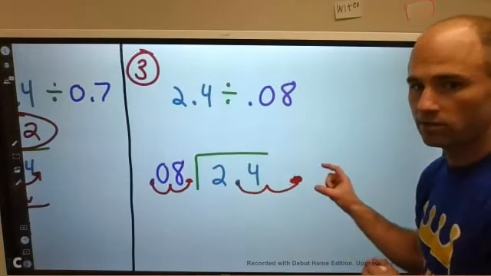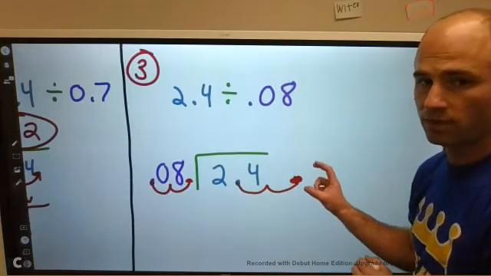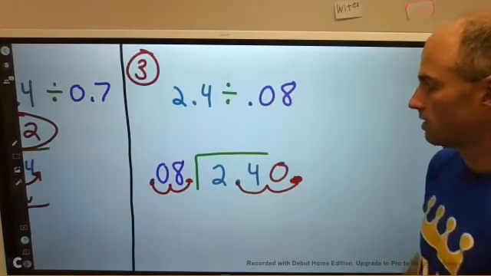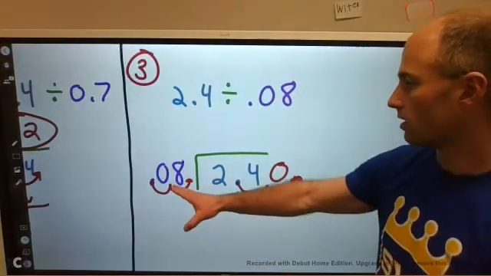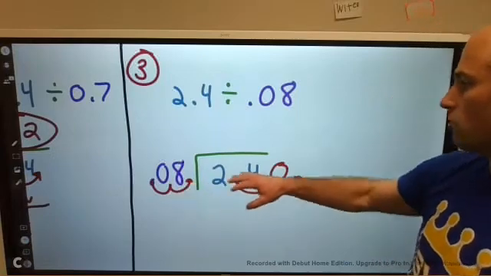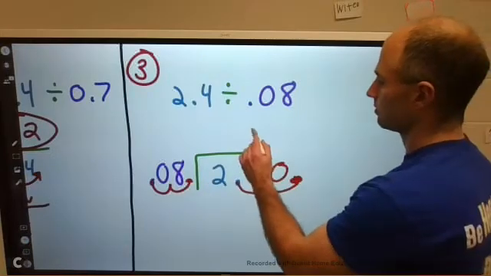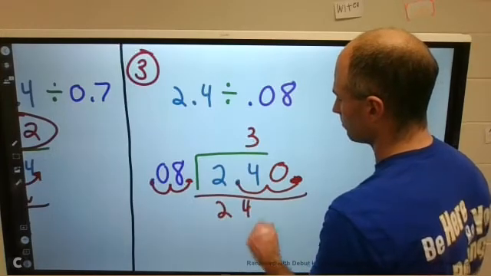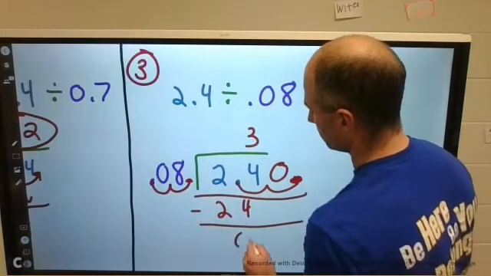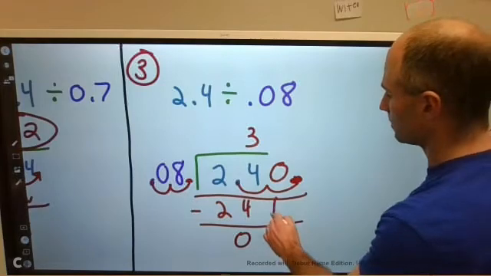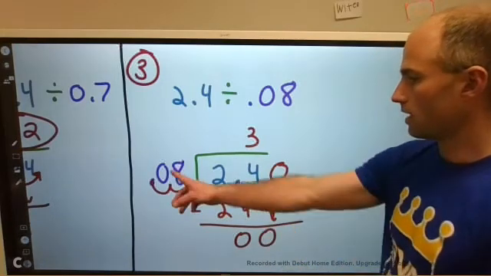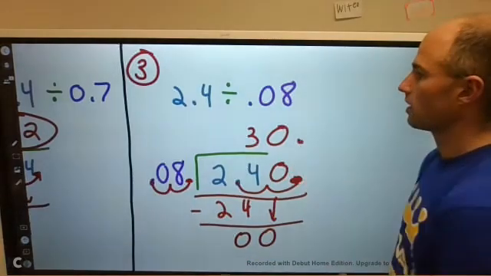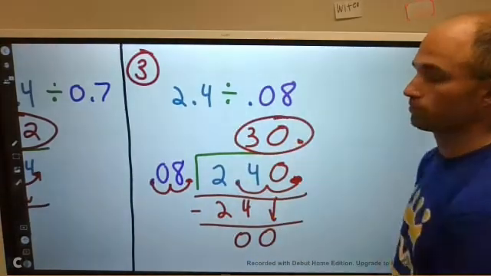The imaginary 0 that was in the 10th place now moves over to the 1's place. And now I'm going to figure out how many times 8 goes into 240. 8 goes into 24 3 times. Bring down this 0. 8 goes into 0 0 times, obviously. Now you get the answer of 30.